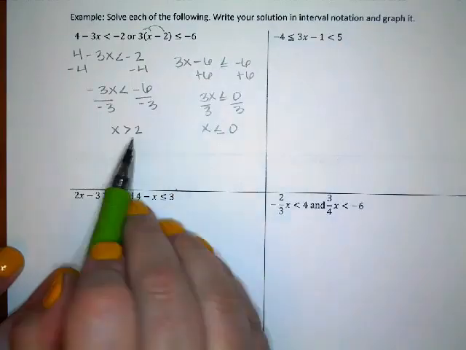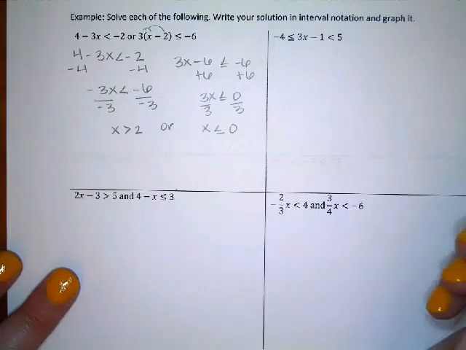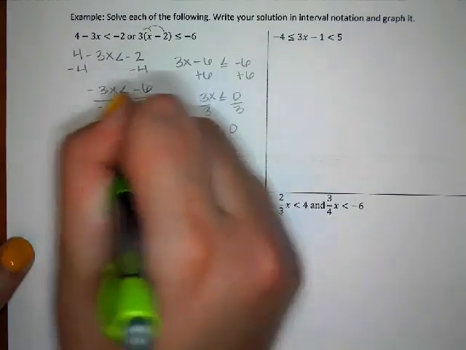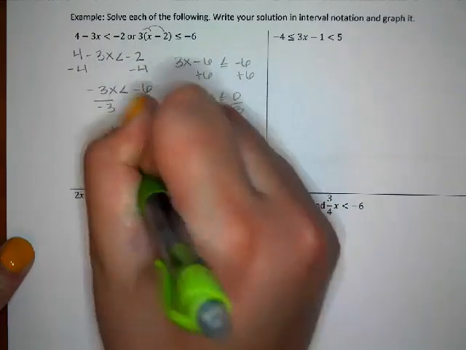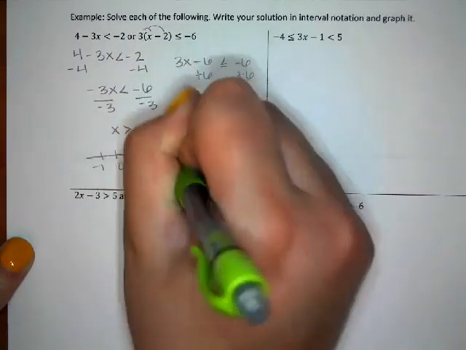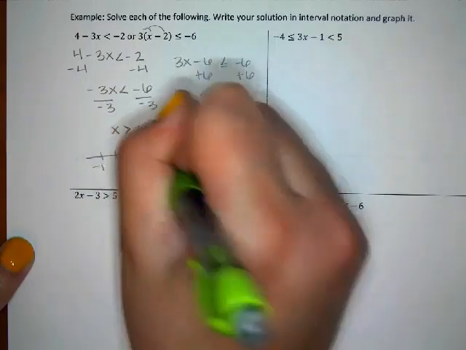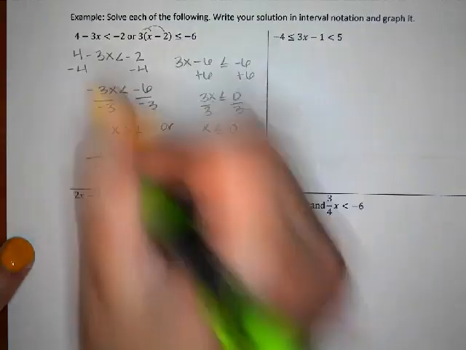So x is greater than 2 or x is less than or equal to 0.